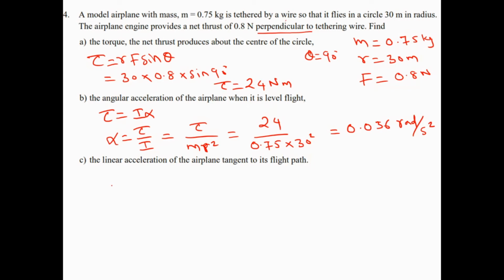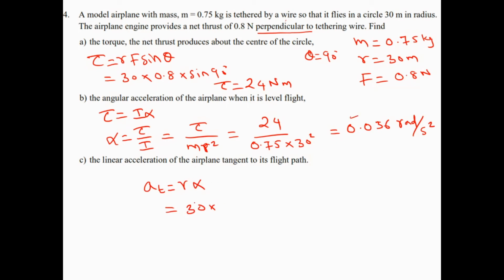Now third part, find the linear acceleration of the airplane tangent to its flight path. As we already studied in the previous chapter, the tangential acceleration is equal to R multiplied by angular acceleration. This is the relation connecting the linear acceleration with the angular acceleration, right? So I'm going to use the R value as 30 here, multiplied by the alpha value.